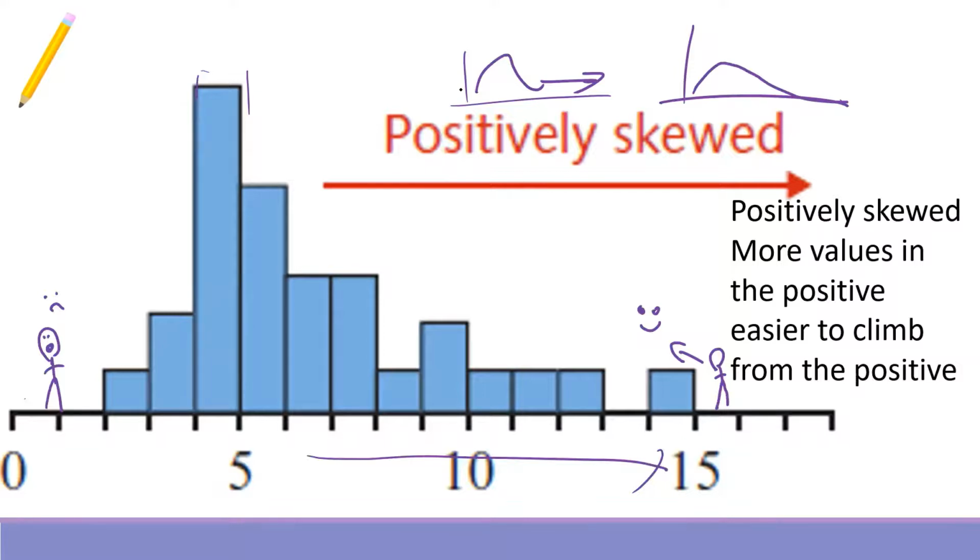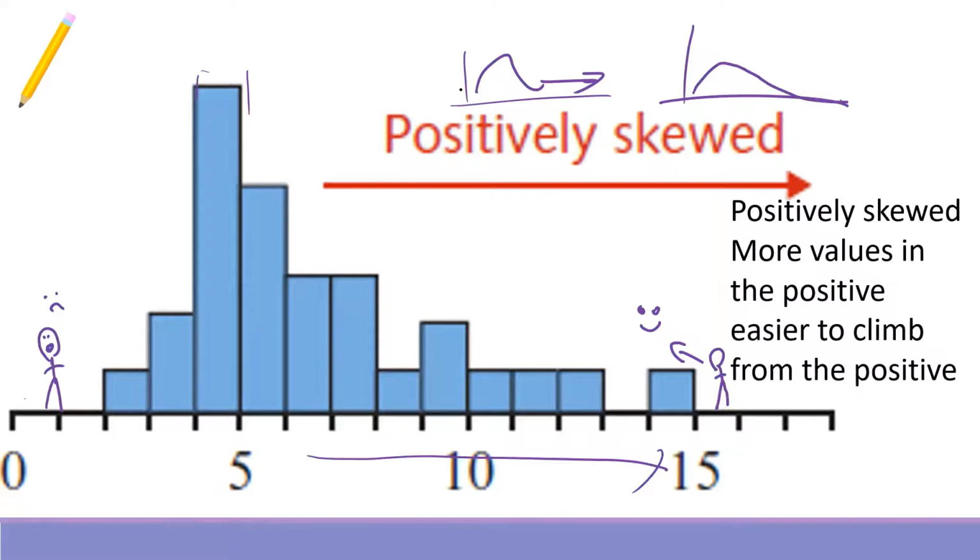That's going to be positively skewed. There are going to be more expensive prices out in an expensive suburb than in a normal suburb. So it's going to be spread out. And there are reasons why the data can sometimes be positively skewed. So a positively skewed graph means there's more values in the positive. It's easier to climb from the positive direction.